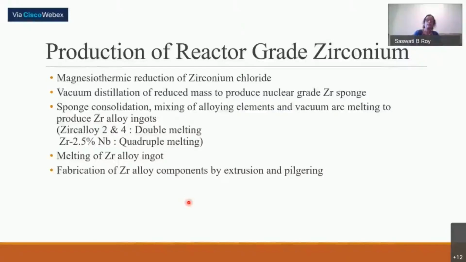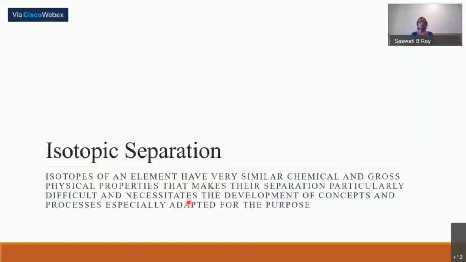With that, I think now we will be moving to isotopic separation. The first part was separation of elements, elemental separation, where we have seen it is a chemical process, and different systems have been followed for separation of that.